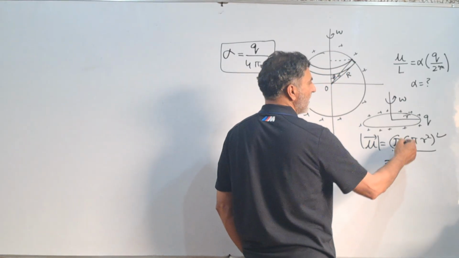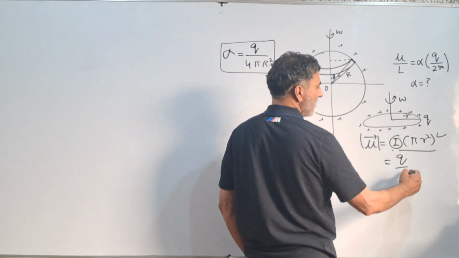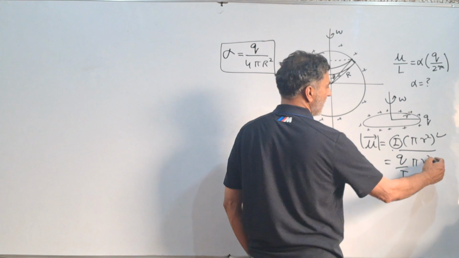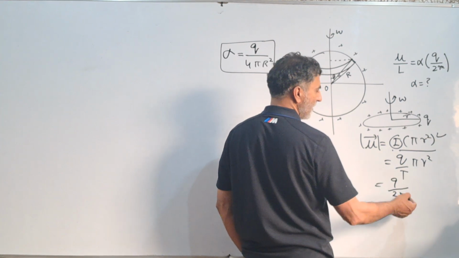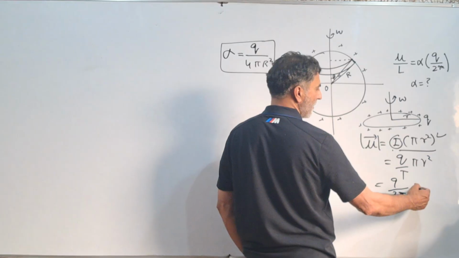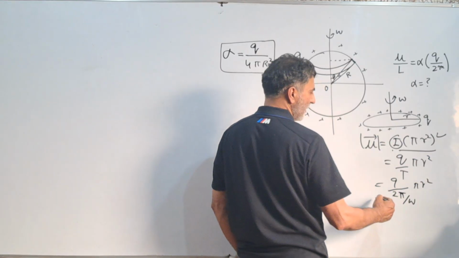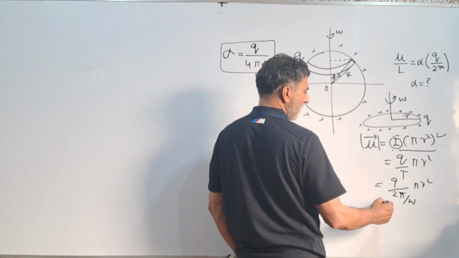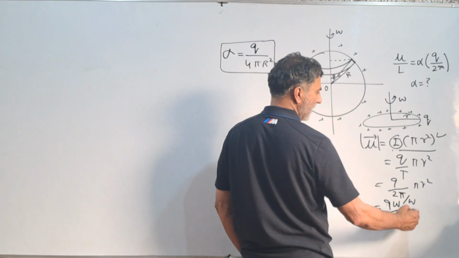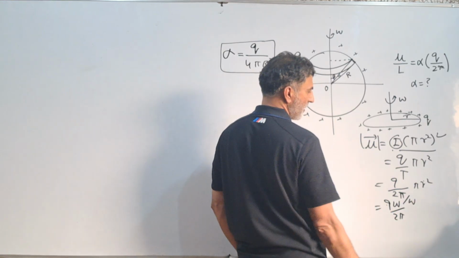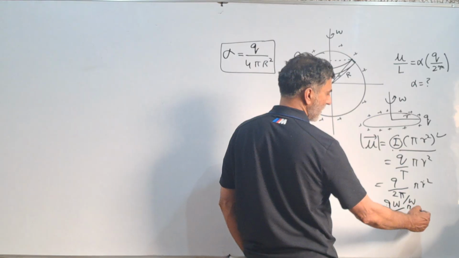लेकिन current is q by t, time period, pi r square. That is q by t, t is 2 pi by omega, pi r square. It will be q omega by 2 pi, pi r square.